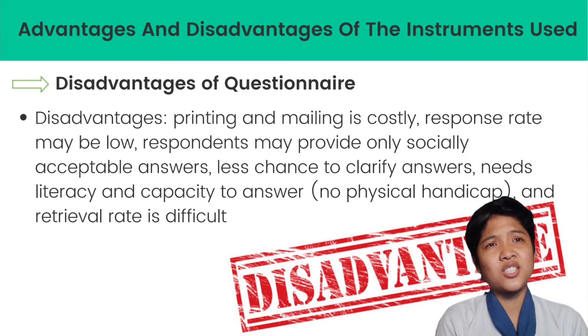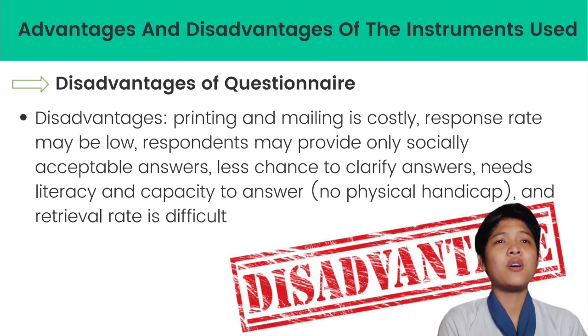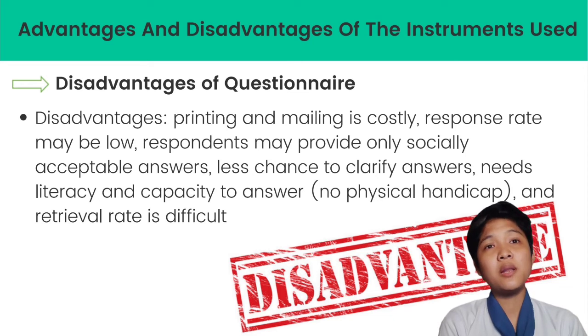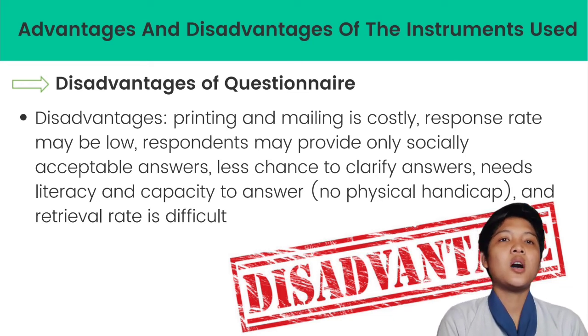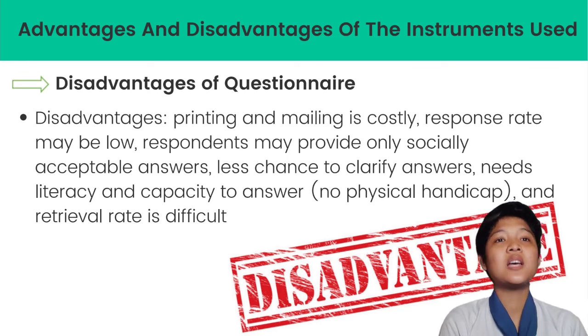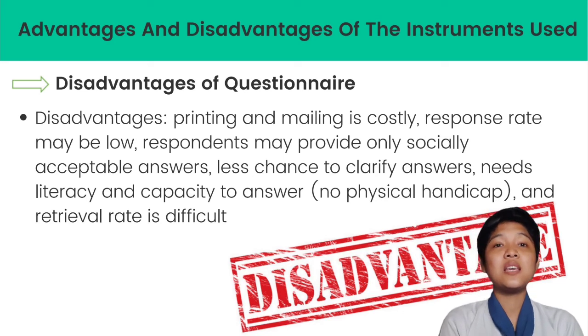For the disadvantages of questionnaire, we have printing and mailing is costly, response rate may be low, respondents may provide only socially acceptable answers, less chance to clarify answers, needs literacy and capacity to answer, no physical handicap, and lastly, retrieval rate is difficult.